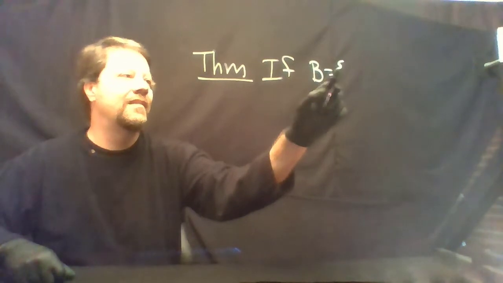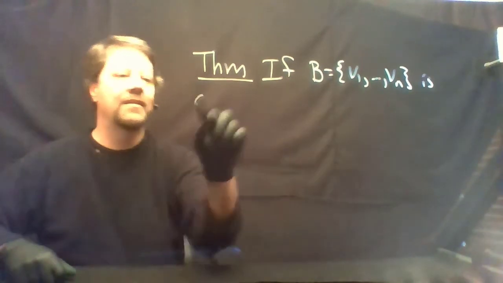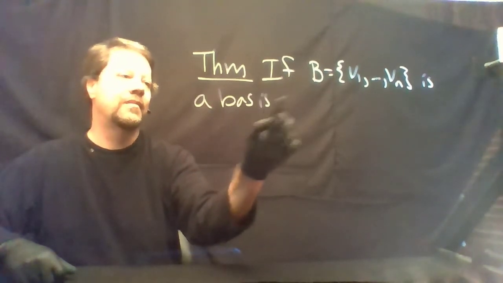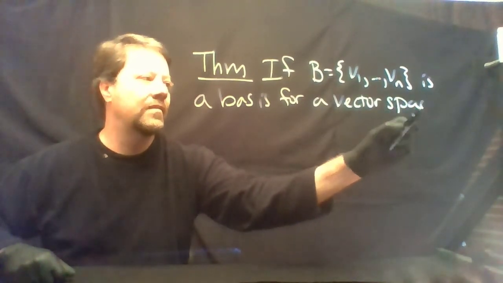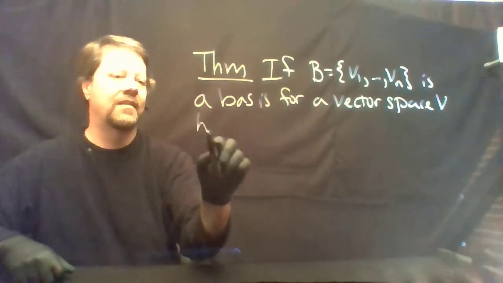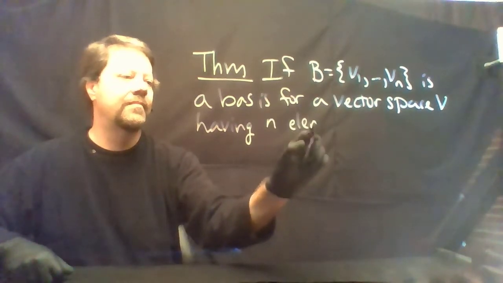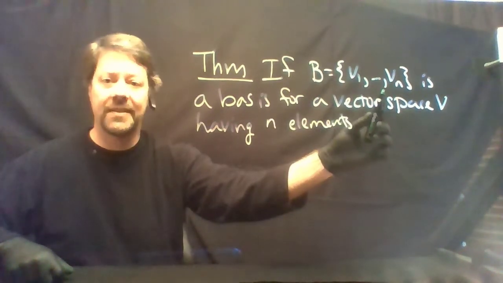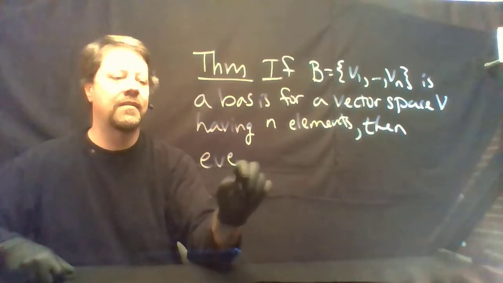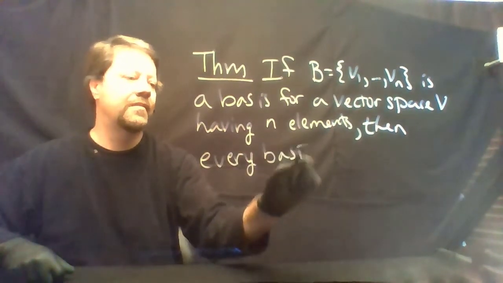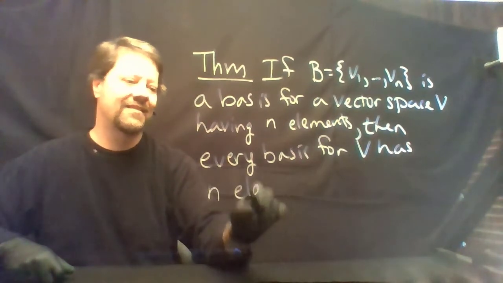If B equals v1 to vn is a basis for a vector space V having n elements, so this basis has n elements, then every basis for the vector space V has n elements.